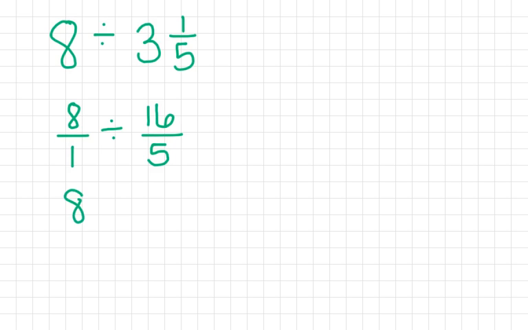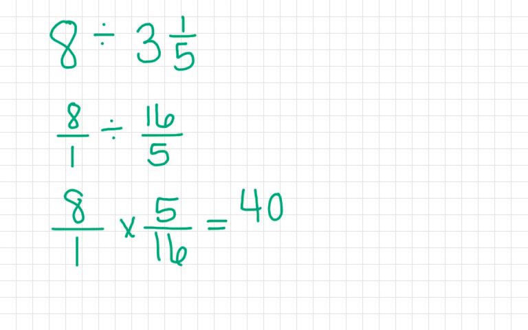So now I'm going to change this into a multiply by the reciprocal problem. So 8/1 times the reciprocal would be 5/16, and 8 times 5 is 40, and 1 times 16 is 16.